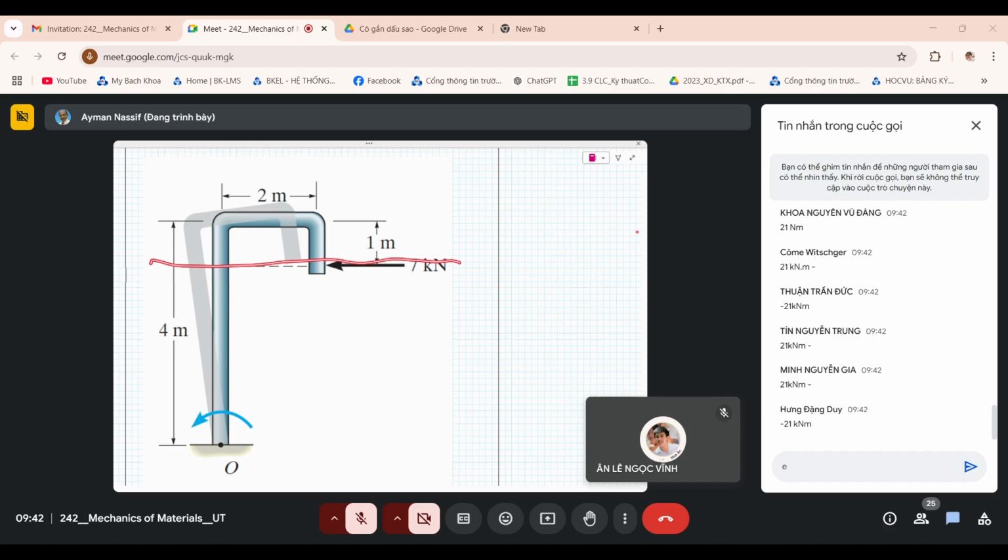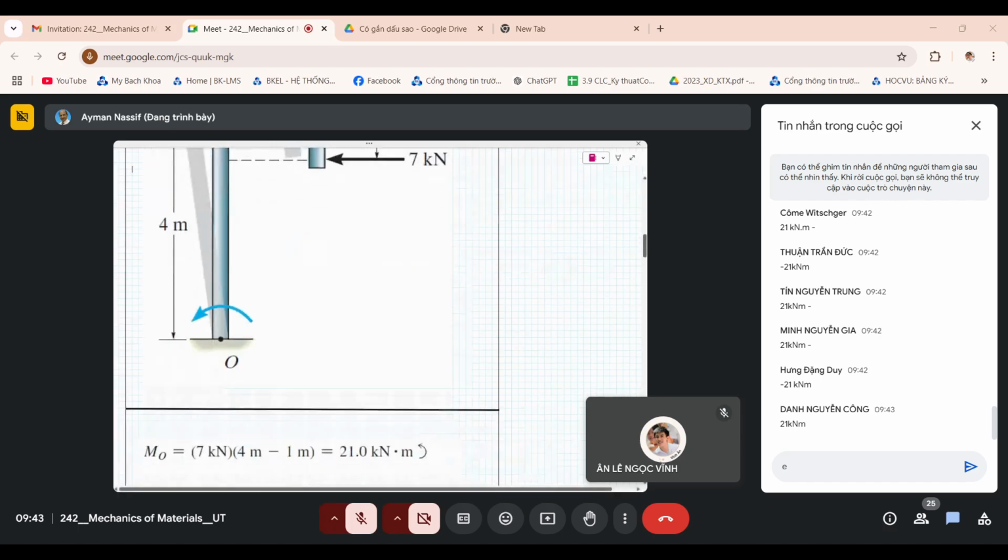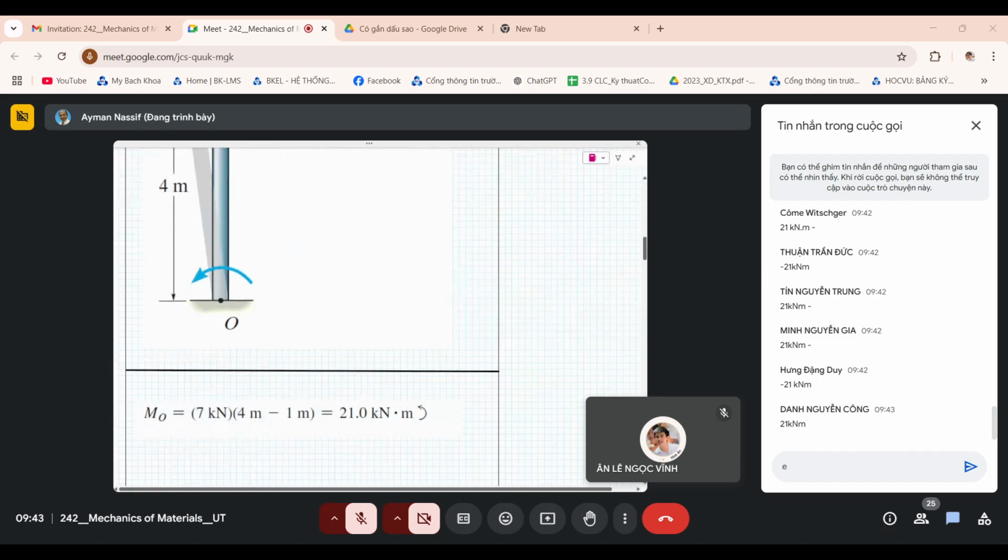What matters is the arm of this force around this point, the moment arm, which is basically this perpendicular distance here, which is 4 minus 1, which is 3, 7 times 3, 21 kilonewton meter, and the sense of the moment is in the counterclockwise direction, which we agreed to be the negative direction. But according to our agreement, whatever the agreement might be.